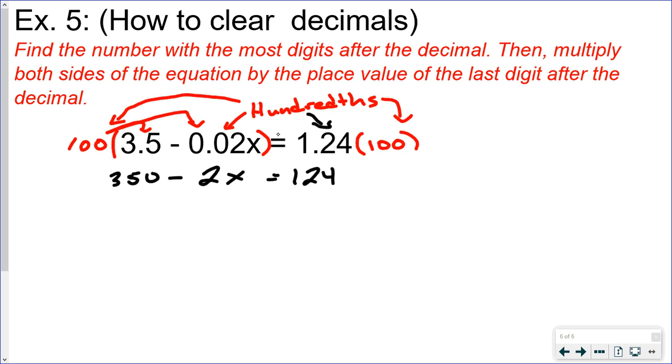All right, so now I just have a 2-step equation. So adding or subtracting first. A lot of times my students will want to subtract 350 here because of this minus sign. That minus sign belongs to the 2x. This is a positive 350. So to get rid of that positive 350, you want to subtract 350.